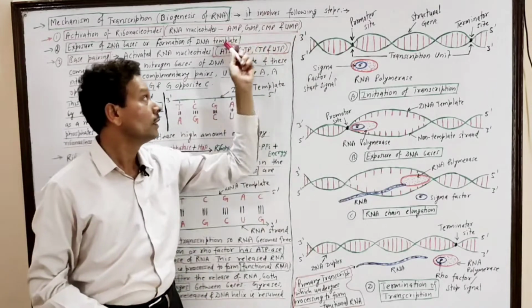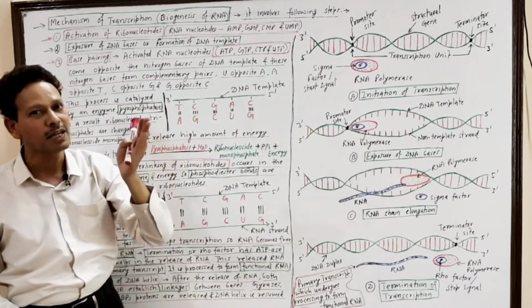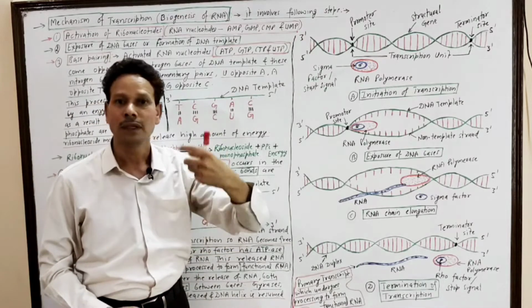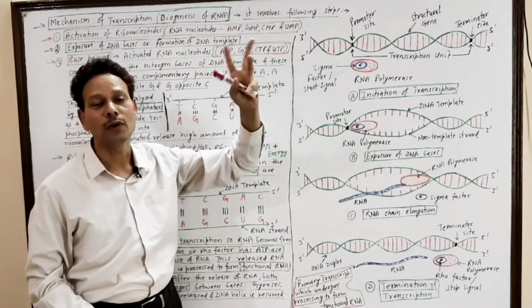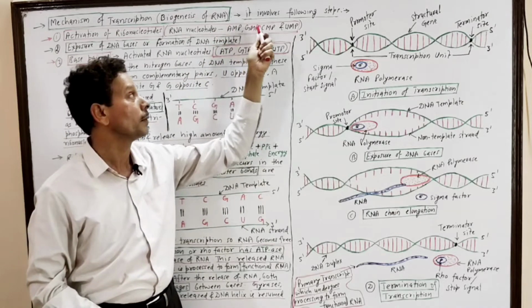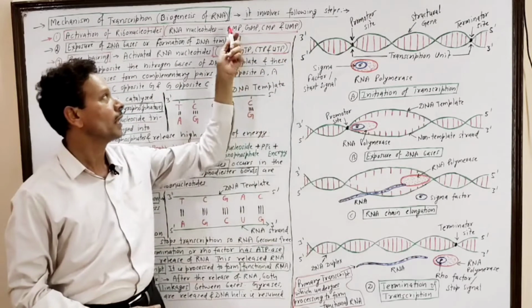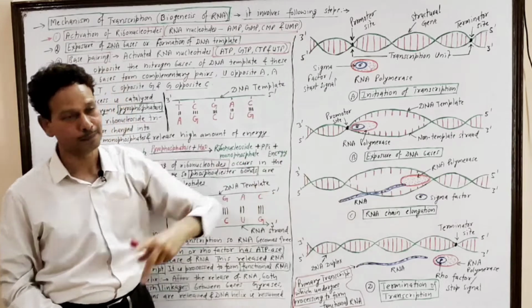First of all, these RNA nucleotides undergo phosphorylation in presence of an enzyme, that is phosphorylase. As a result, these RNA nucleotides AMP, GMP, CMP and UMP are converted into ATP, GTP, CTP and UTP.